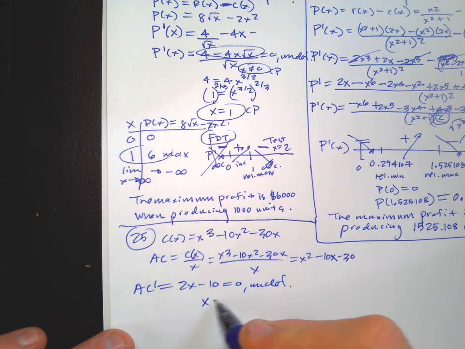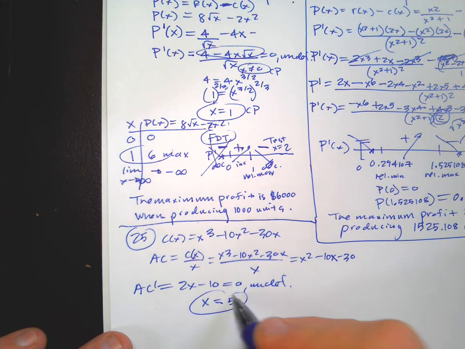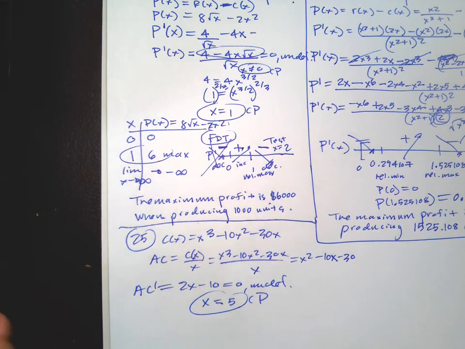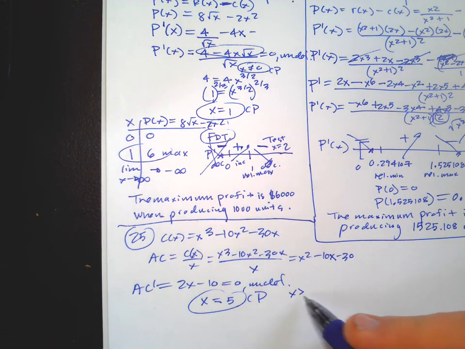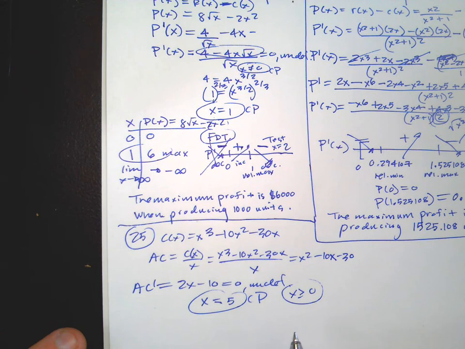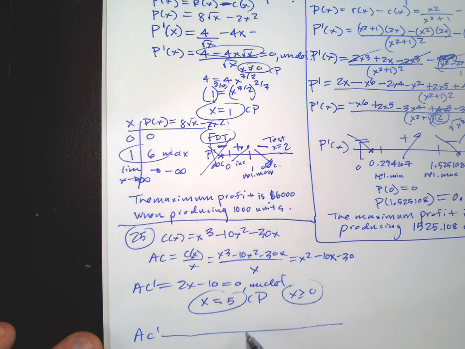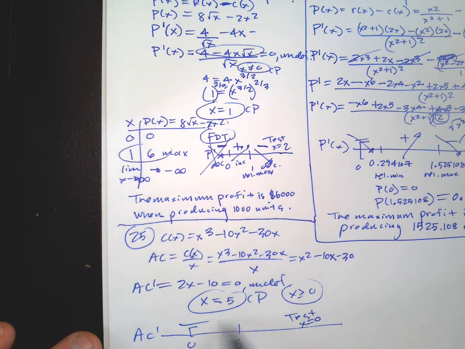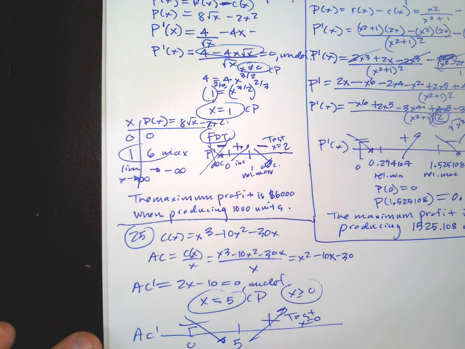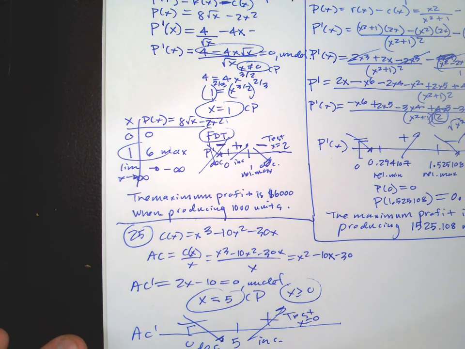Get critical points at x equals 5. We don't really have endpoints other than 0. X should be greater than or equal to 0. So we just have one critical point, so we could just jump right into the first derivative test. We could plug 0 in. It's negative, positive, decreasing, increasing, relative min, absolute min, right?